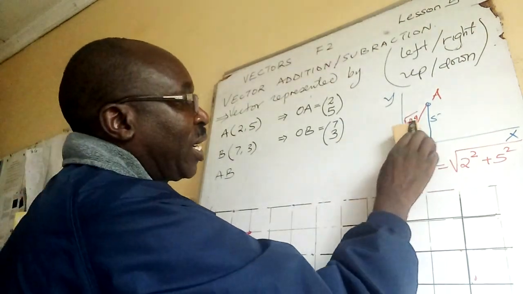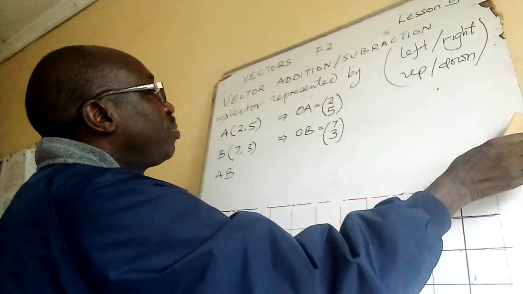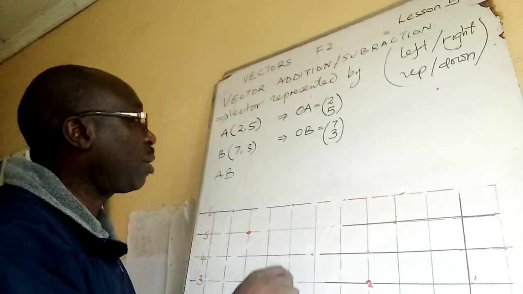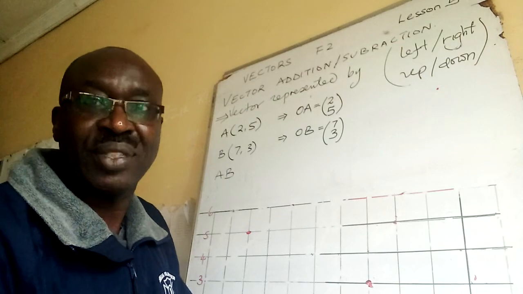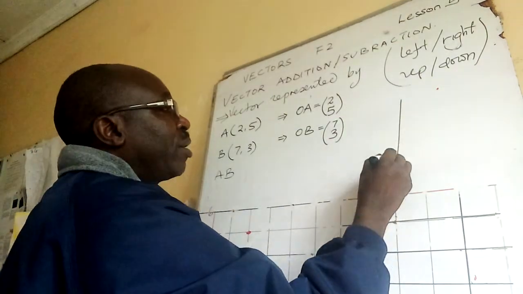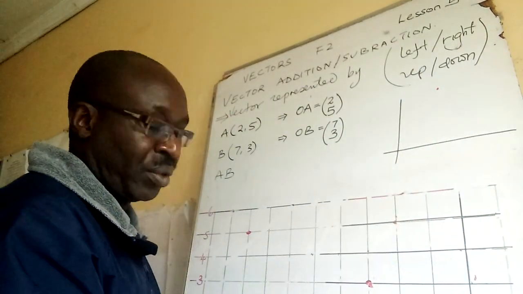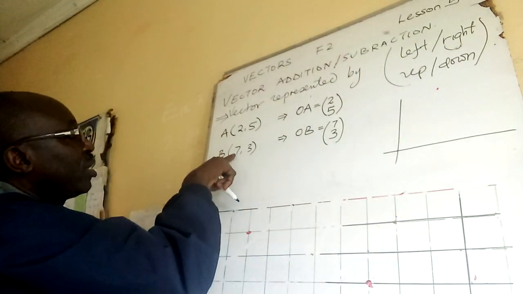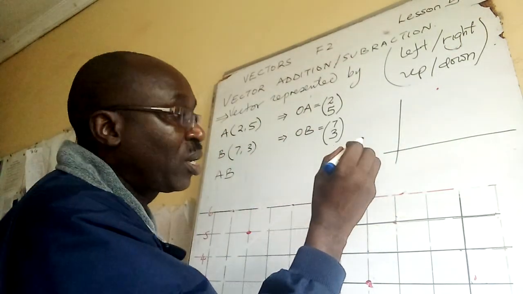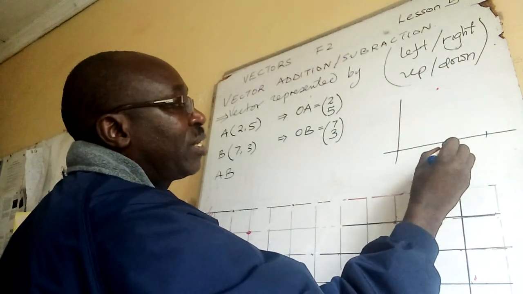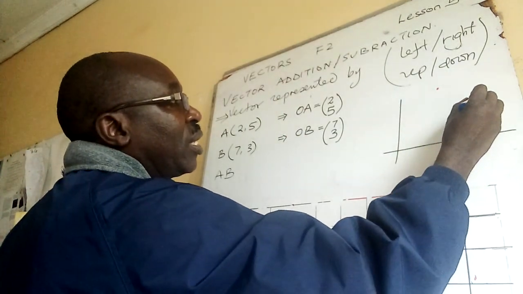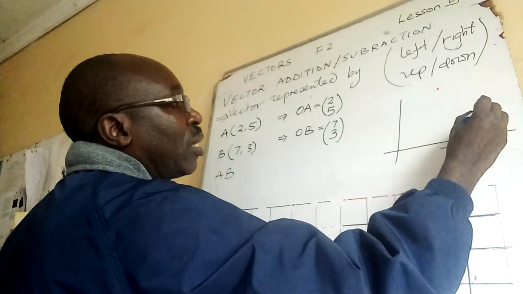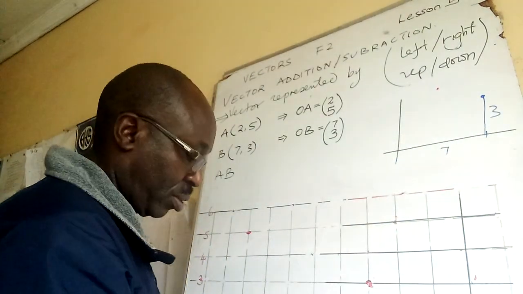Again, we remind you, suppose I have another point B, which is (7, 3). I'll make 7 steps and I come here, 3 steps.